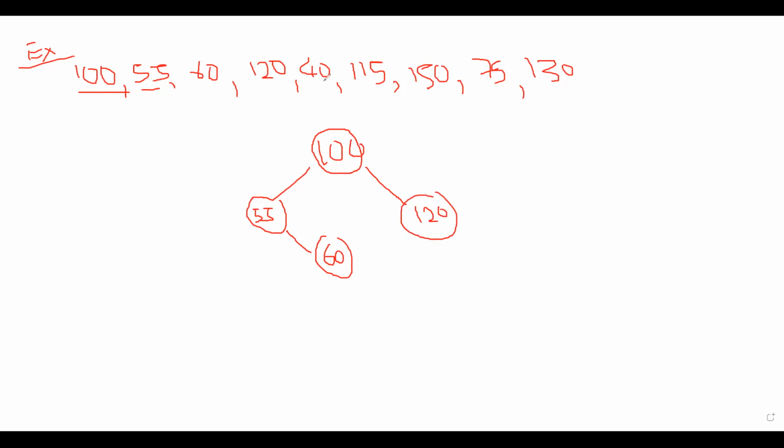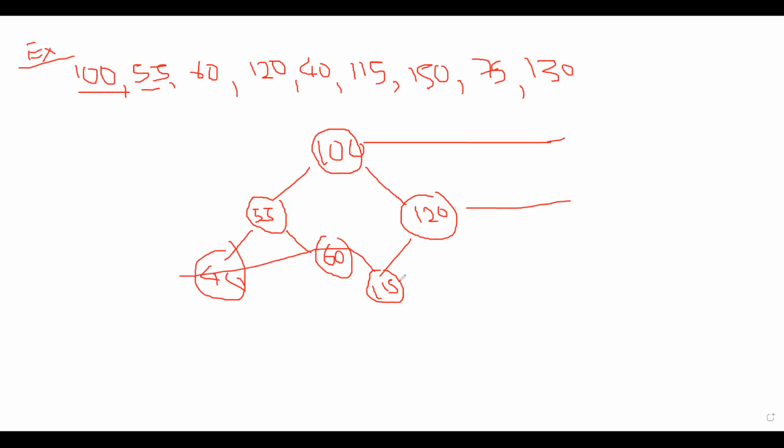And then 40. 40 is lower than 100, lower than 55, so it goes over here. Then 115. Higher than 100, so it comes over here, lower than 120, so it goes here. Sorry for the bad drawing. I hope it's clear. So there are levels: level 0, 1, 2.